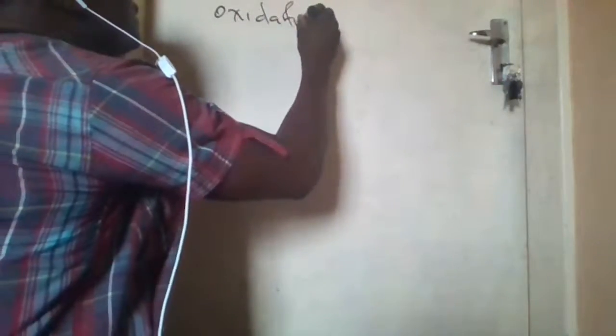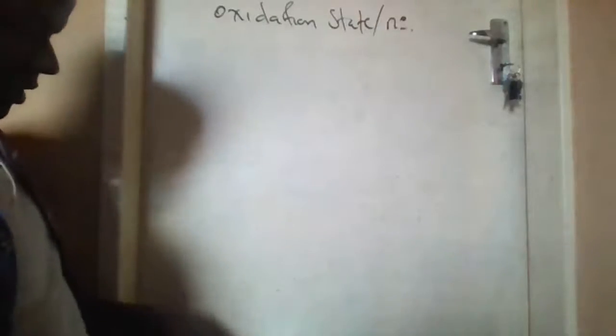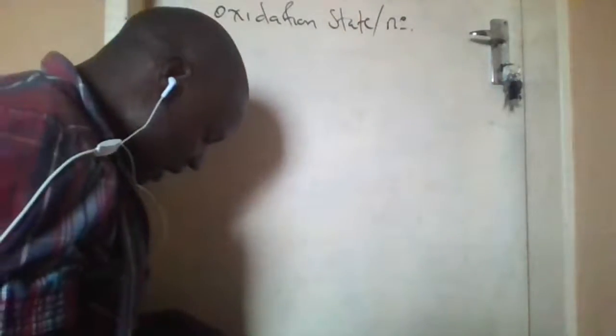Why? Because the element is neutral. Oxidation state, other books say oxidation number. How can you determine the oxidation state or the oxidation number in a compound?